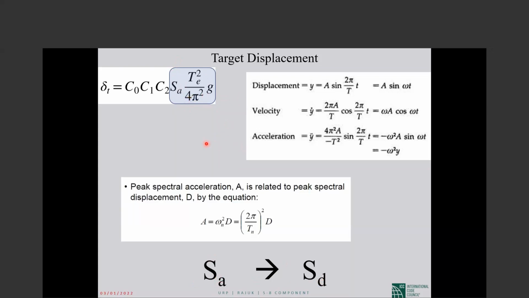But here we call it TE, the equivalent, because we are talking about a building that gets damaged, a building that the stiffness changes. So because of that, the initial period of the building is better to be modified, because really the building period changes.